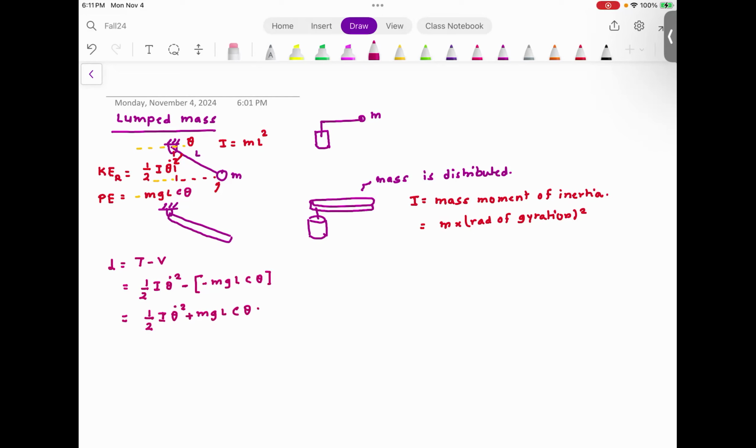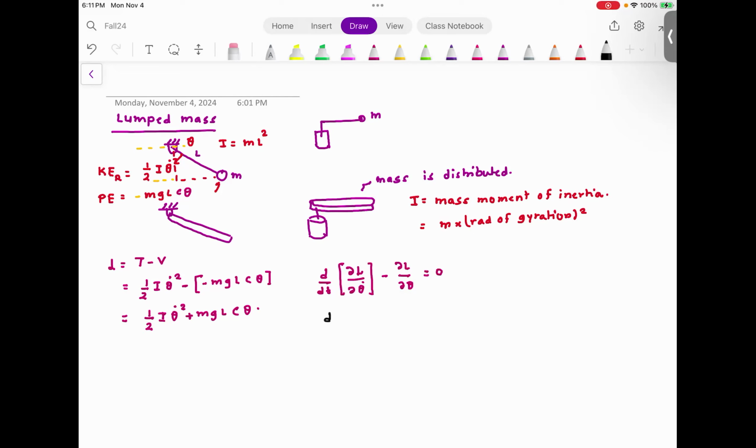And I want to find out the differential equation of motion using the Lagrangian formulation: d by dt of partial L by partial theta dot, minus partial L by partial theta, is equal to 0. Now partial L by partial theta dot, which means theta is a constant.